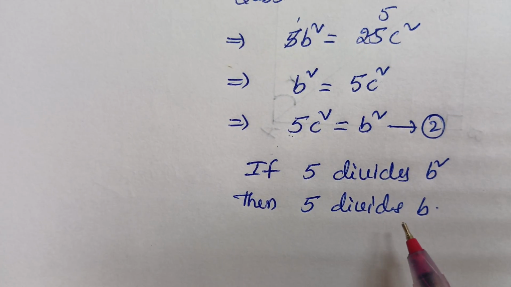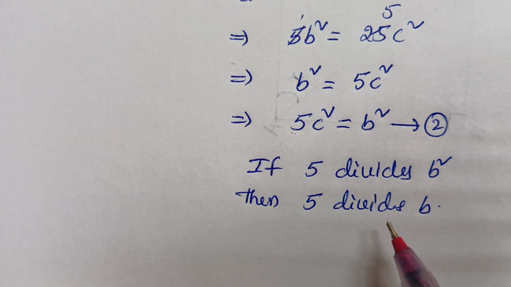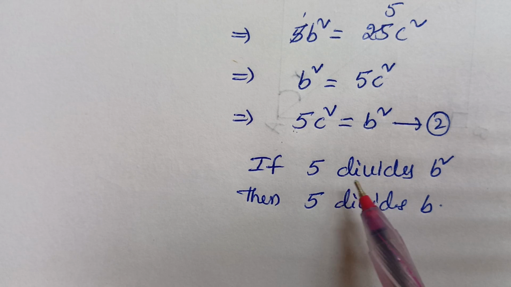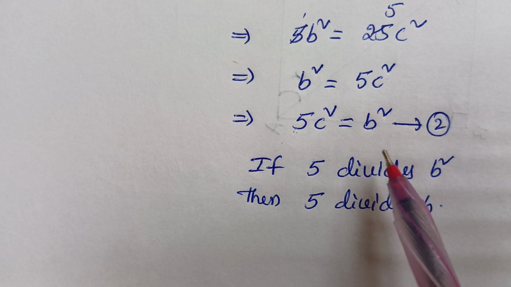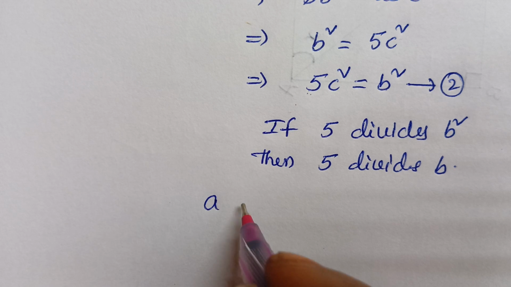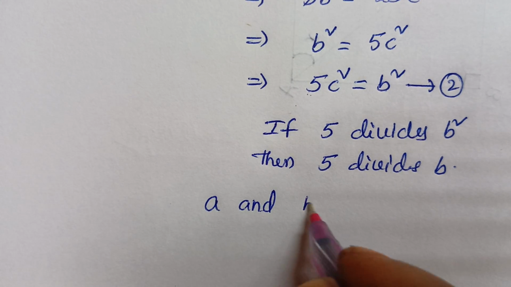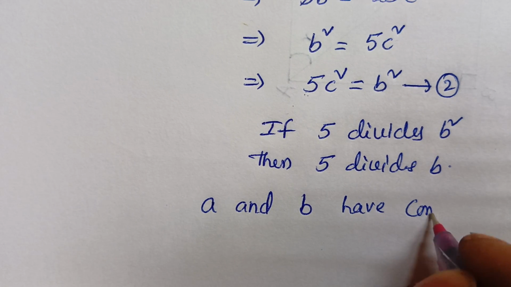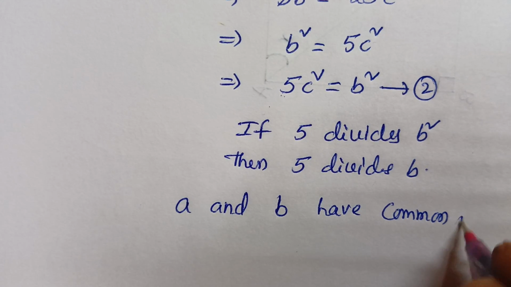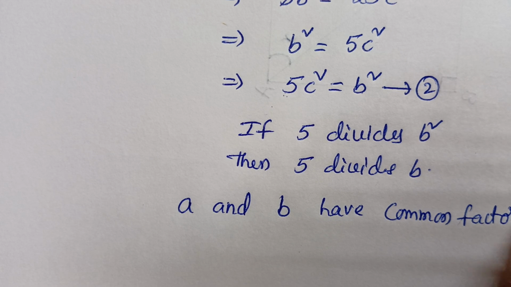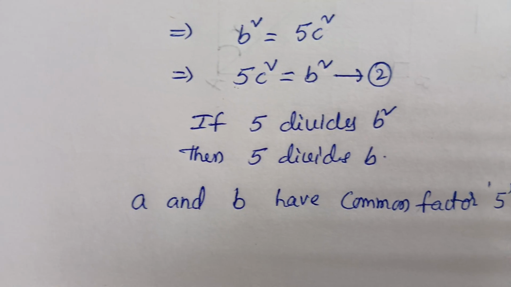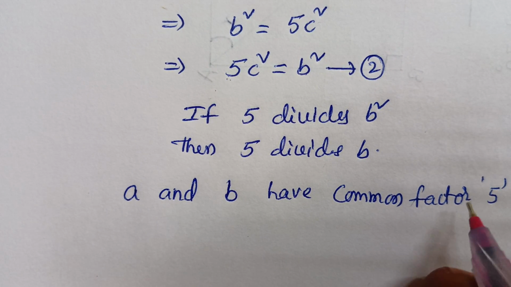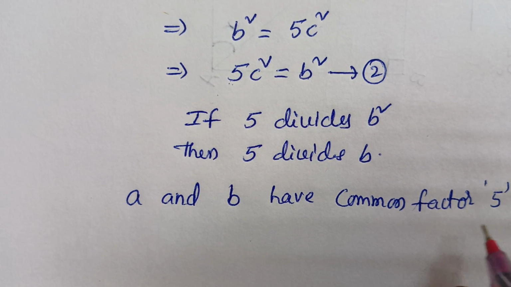So, in the starting, a and b are co-primes. We assumed that the rational number is in p by q form, with a and b co-primes. But here, a and b both have a common factor, 5. According to the definition of co-primes, a and b have the common factor 1 only, and other than 1 they don't have common factors.